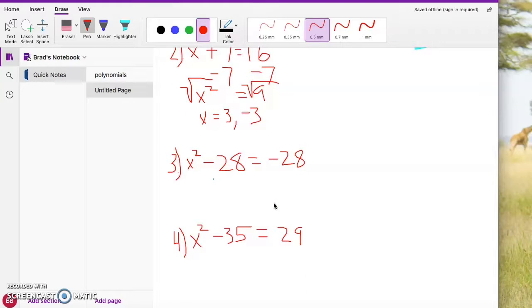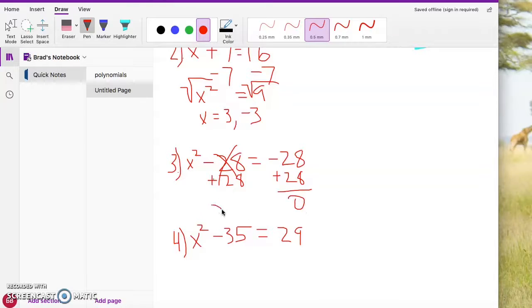We'll step it up a little bit: x squared minus 28 equals negative 28. If you're unsure what to do, the first thing is always to try and get the x squared by itself if possible. So we'll add 28 to this side, and we have negative 28 plus 28, which leaves us with 0.